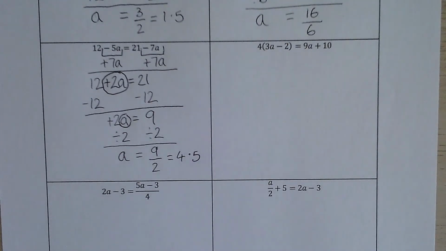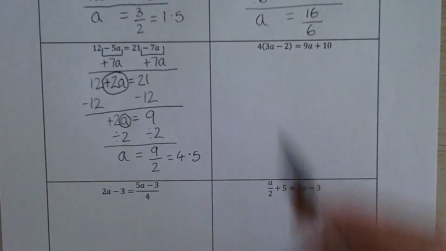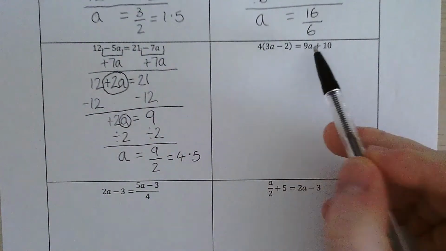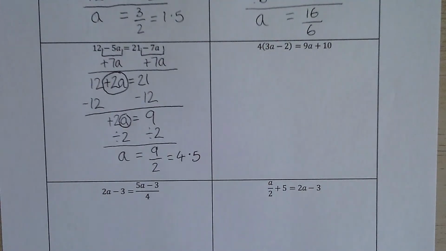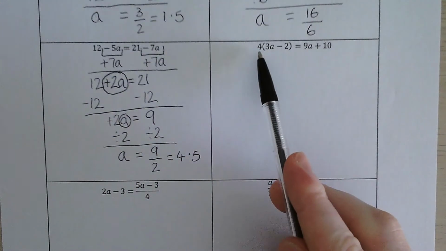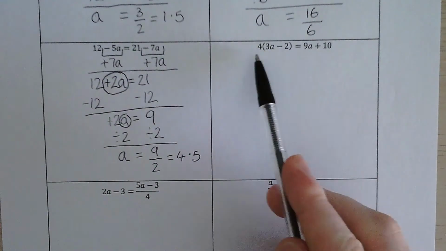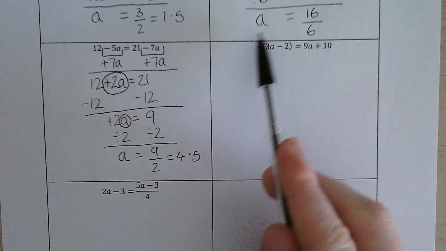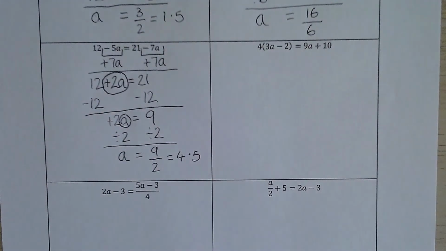Our next question is a bit more difficult. We've got 4 lots of 3a minus 2 equals 9a plus 10. Usually we would highlight the terms that contain our variable. However, because we have a 4 and a bracket, this left-hand side at the moment is just one big term.